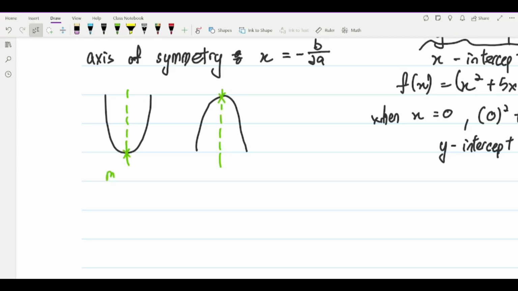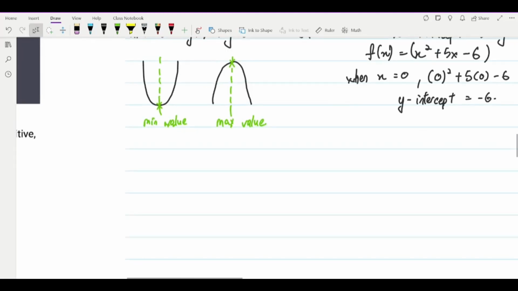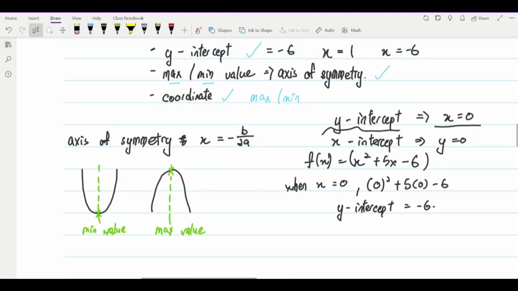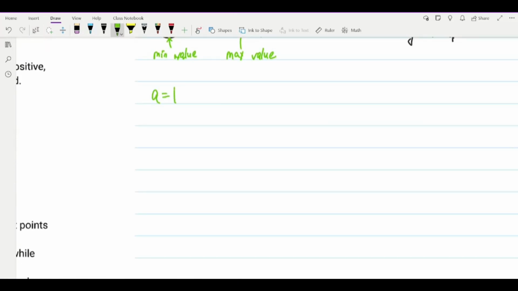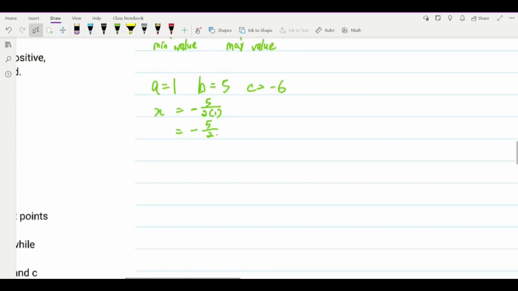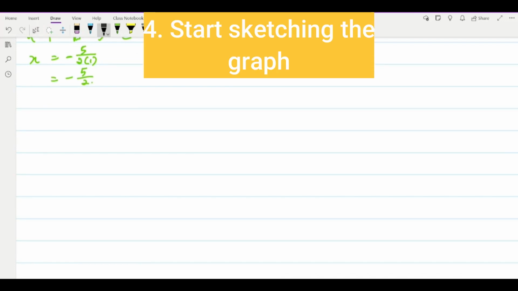So this is the minimum value, maximum value. So we try to find the axis of symmetry. So we know A is 1, B is 5, C is -6. So axis of symmetry will be -5 over 2 times 1. So the answer will be -5 over 2.